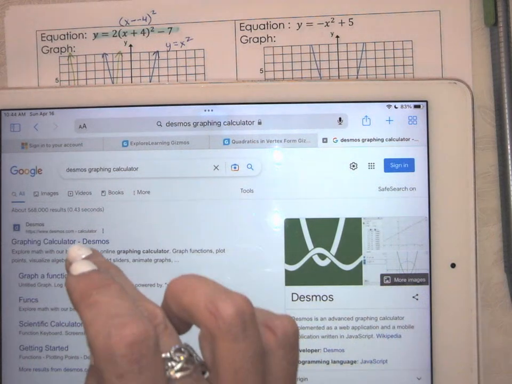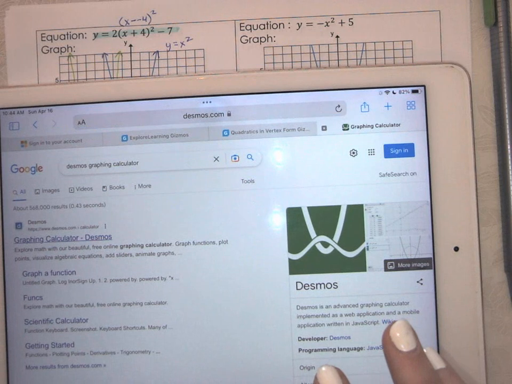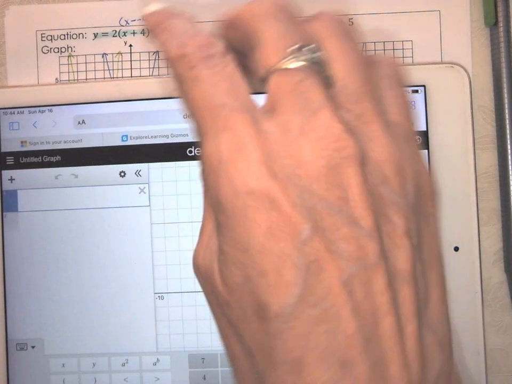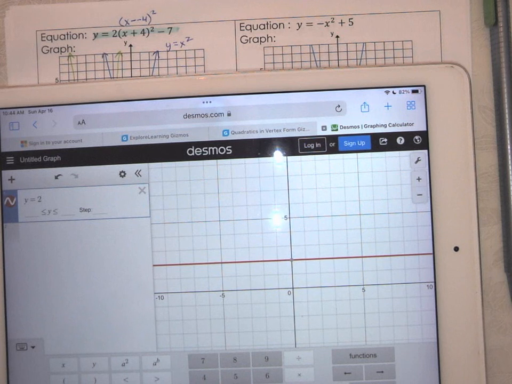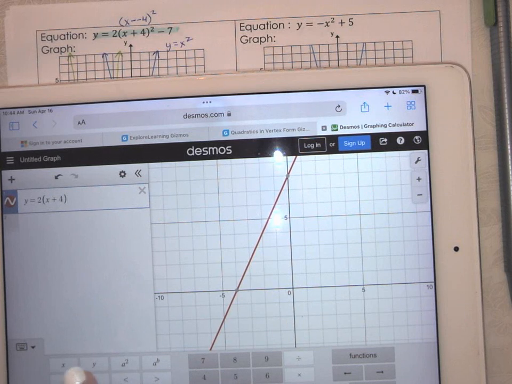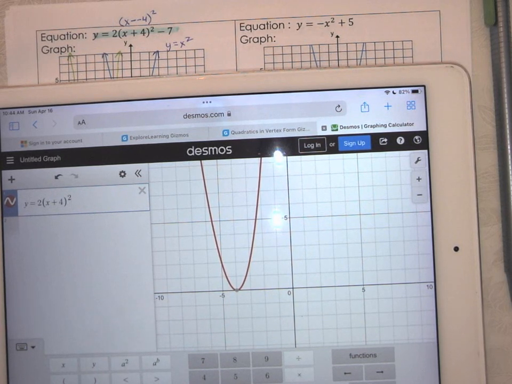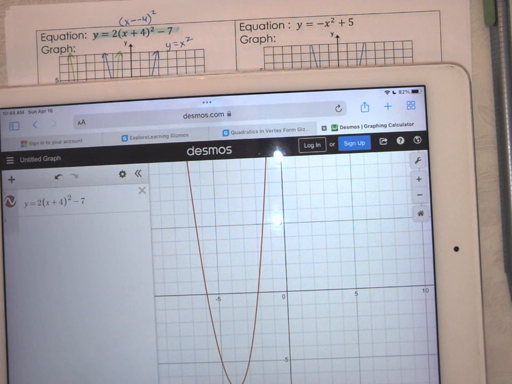Which you might find helpful when you are double checking yourself here. So if I were to type in this equation, I could use the Desmos graphing calculator to type in y equals 2, and then bracket x plus 4 bracket squared, and then arrow over, minus 7, and then you can see what your vertex is.